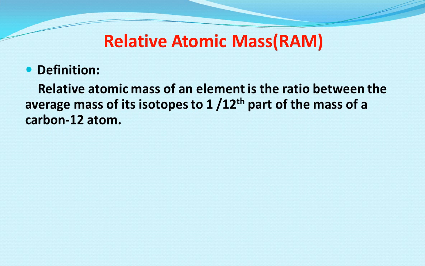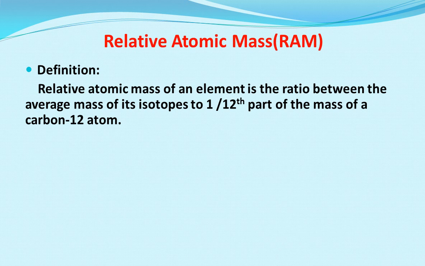Relative atomic mass. What is the definition of relative atomic mass? The relative atomic mass of an element is the ratio between the average mass of its isotopes to 1/12th part of the mass of a carbon-12 atom.